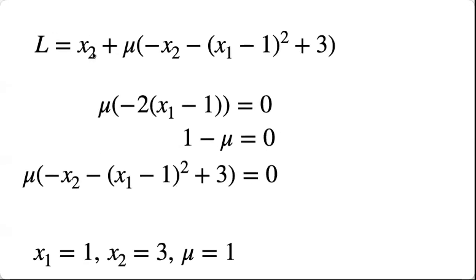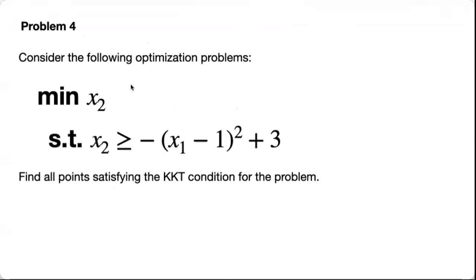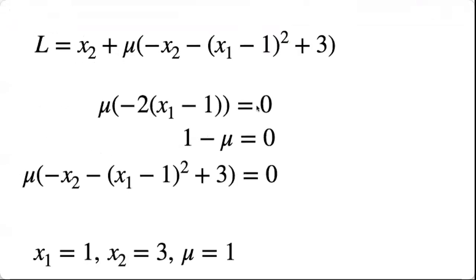It's the objective function plus, because this is an inequality constraint, we rearrange it and obtain mu times minus x2 minus the square of x1 minus 1 plus 3.